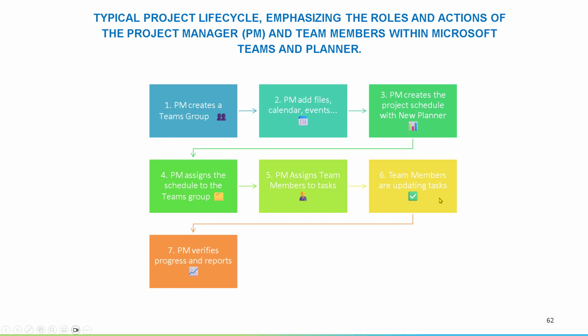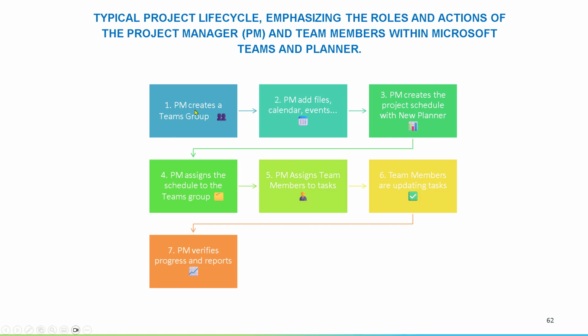Further on, the team members will receive notifications that they were assigned to different tasks, and they can start updating tasks, working on documents, and so on. And of course, as time passes, the project manager can verify the progress and create reports, and this process continues during the project lifecycle.